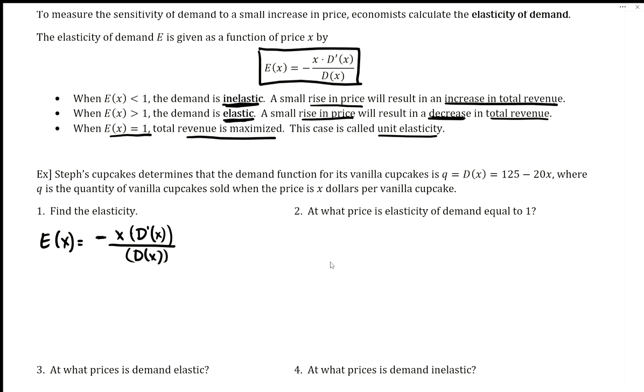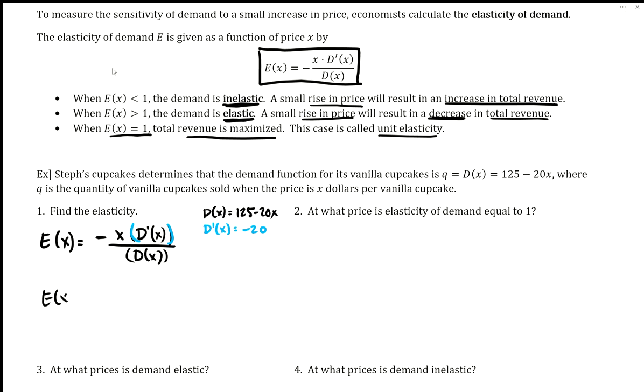They told us what D of x is, so I'm writing that here: 125 minus 20x. We need its derivative, so let's calculate that too, in blue. The derivative of our demand function is just negative 20. Then we substitute that in.